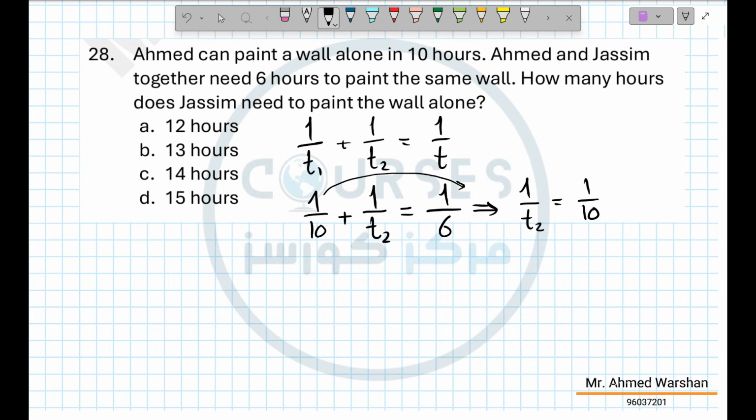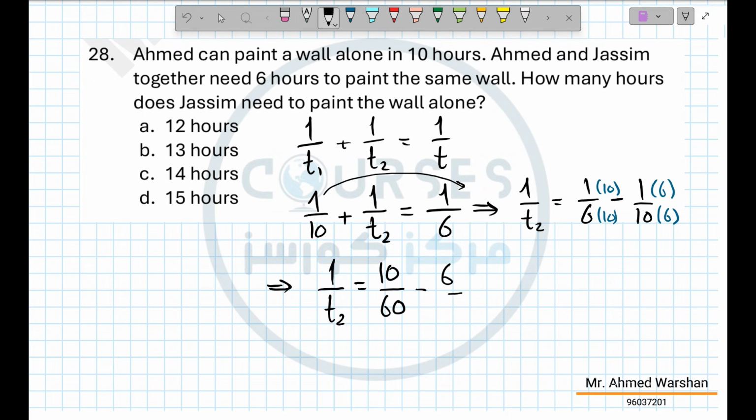Move this to the other side, so now you would have 1 over T2 equals 1 over 6 minus 1 over 10. You need a common denominator, so the easiest way is to multiply by 10 here, multiply by 6 here. So 1 over T2 equals 10 over 60 minus 6 over 60.